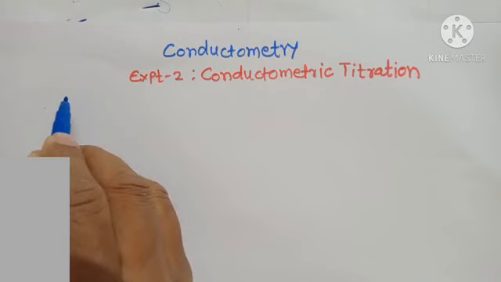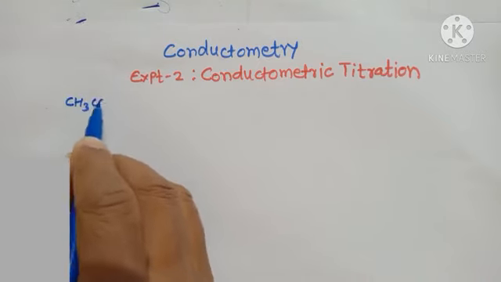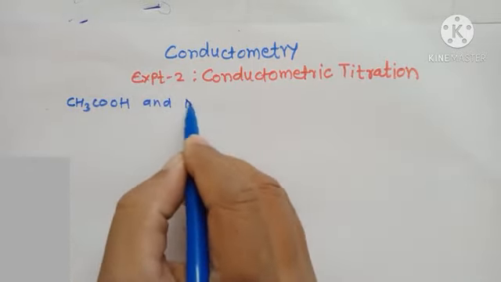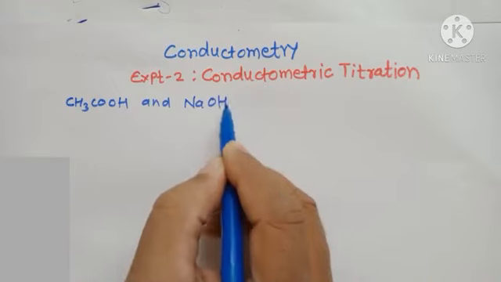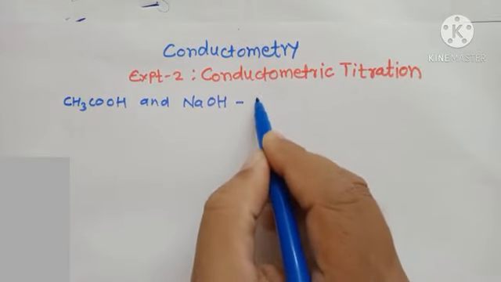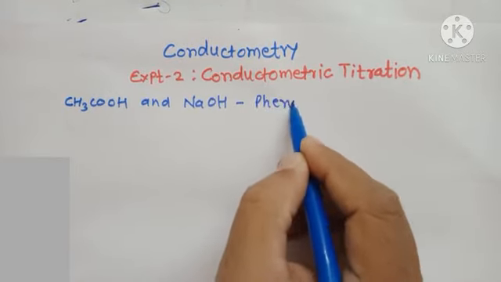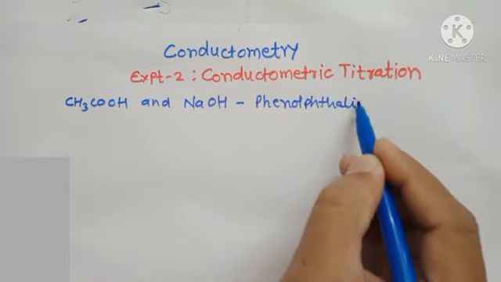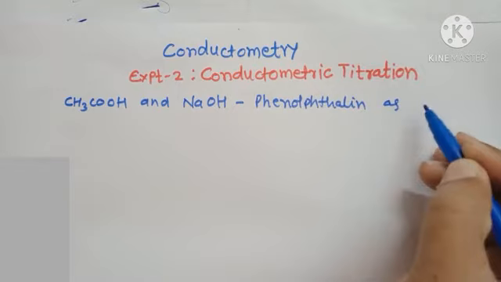For example, we have the titration between acetic acid and NaOH. We use phenolphthalein as indicator.